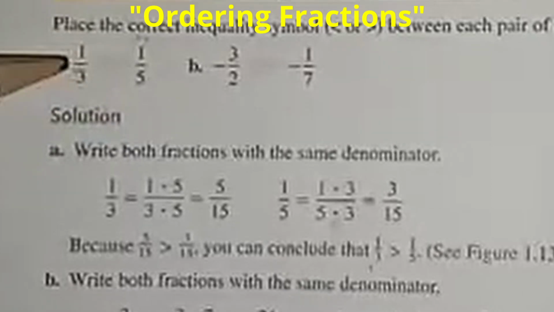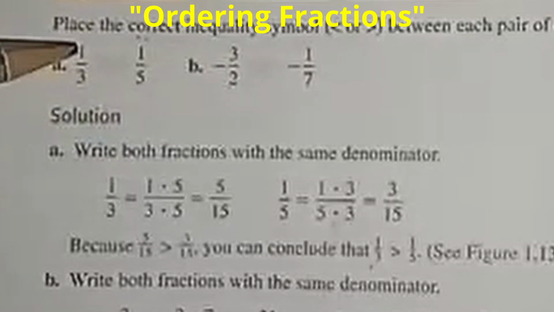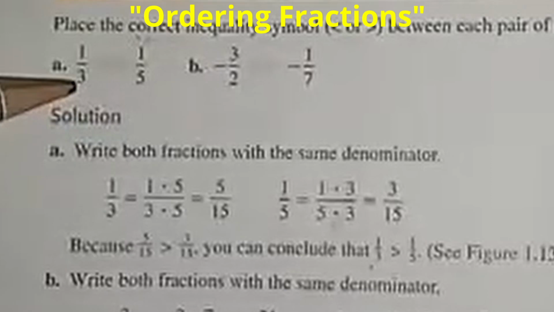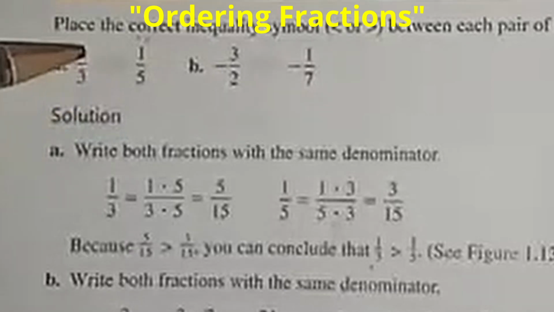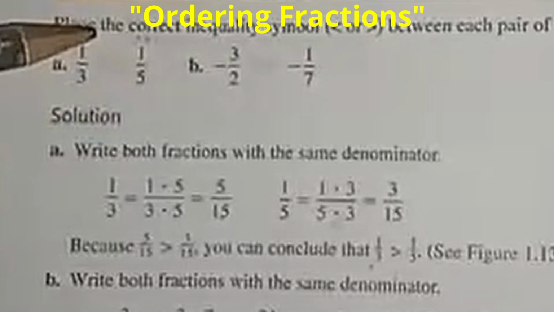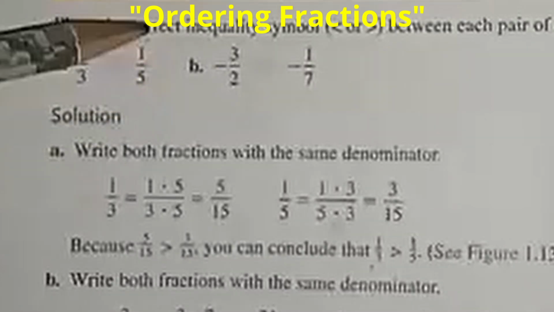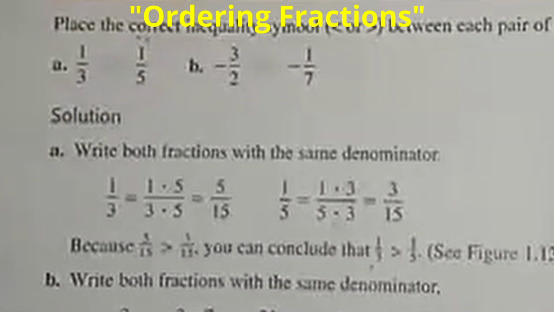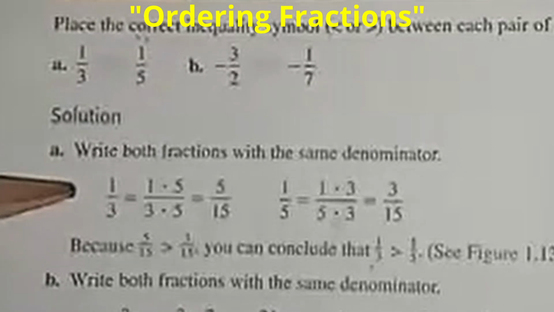Now, if you don't know your conversions, you can also divide the numerator by the denominator with long division. 1 divided by 3 as a decimal, put my 0, I get 0.33. And I can stop at the first number because 1 divided by 5, add my 0, I get 0.2. Or we could use least common denominator.